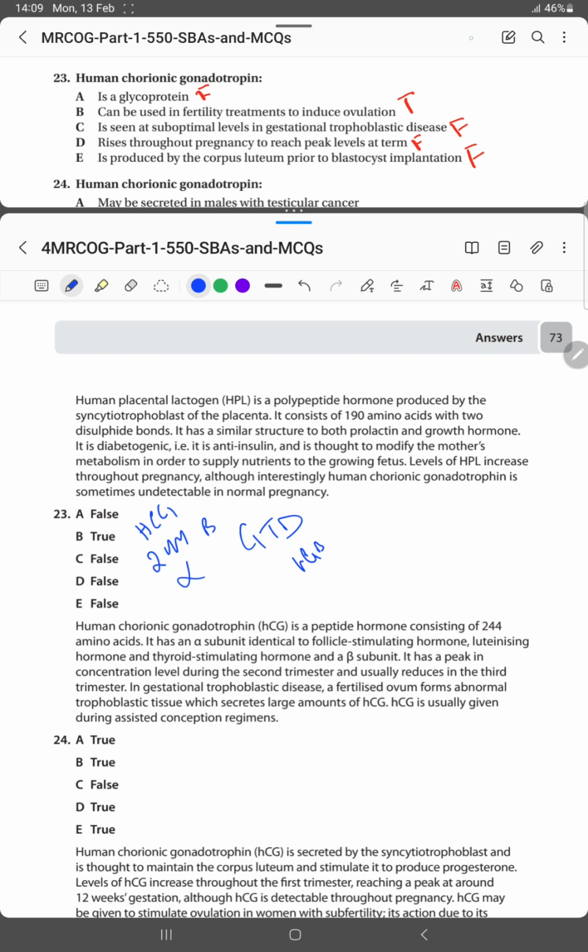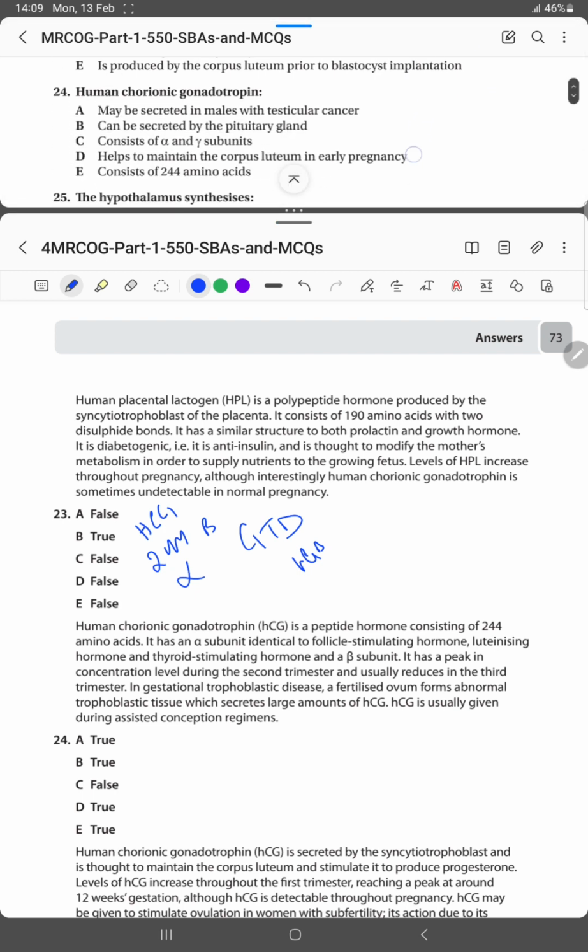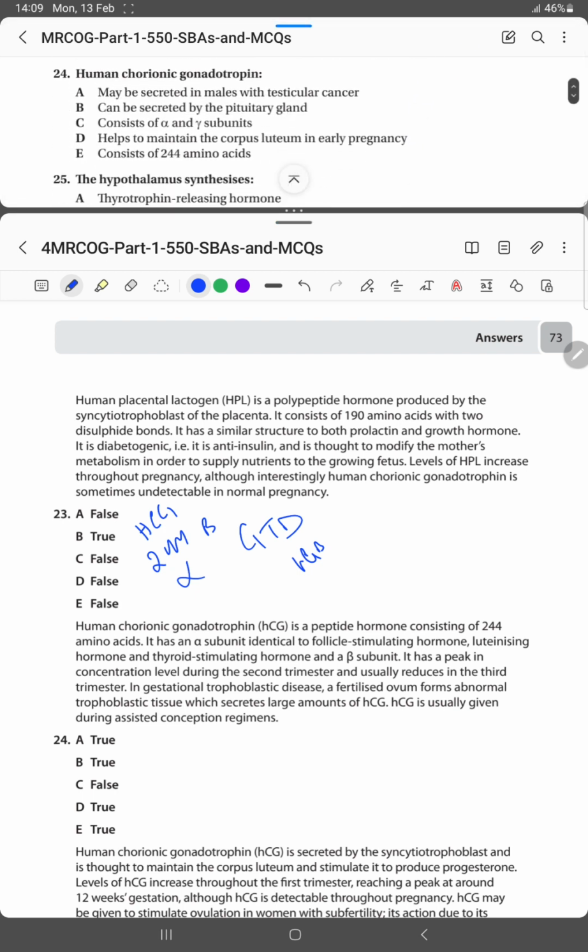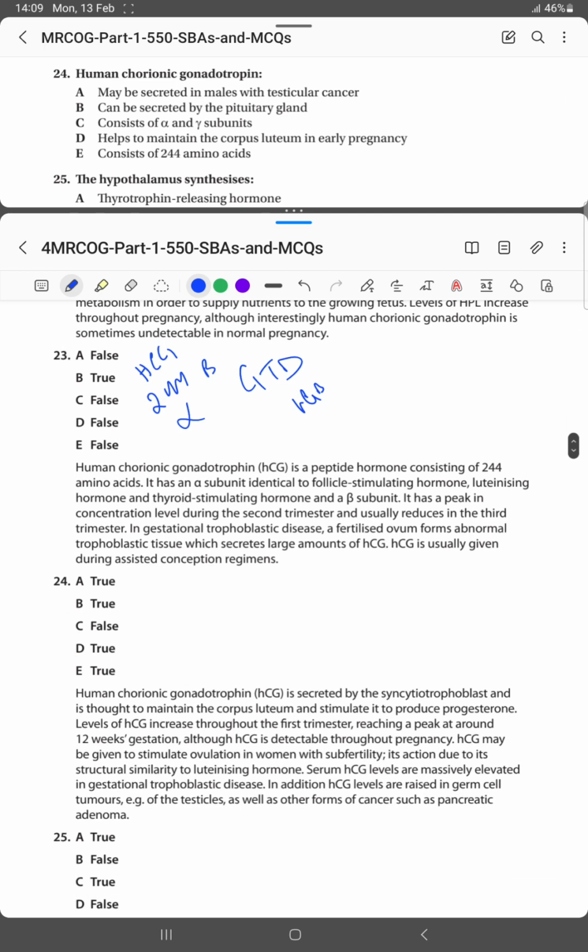Okay. Now let's move to our next question. It is again regarding human chorionic gonadotropin, and we know that it is secreted by the syncytiotrophoblast. The responsibility of this hormone is to maintain the corpus luteum and stimulate it to produce progesterone. The levels of HCG increase throughout the first trimester, and reach a peak at around 12 weeks of gestation.